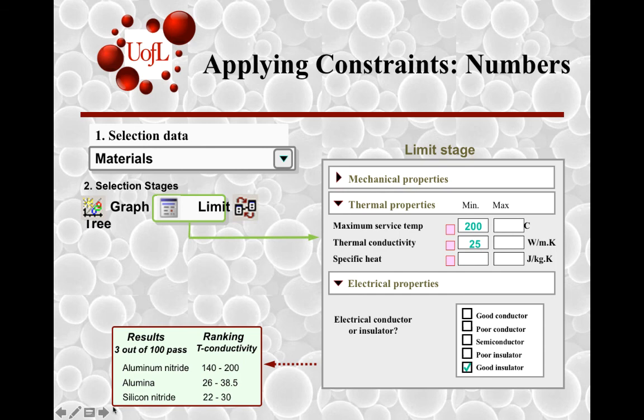So what you are left with are some highly conducting ceramics, aluminum nitride, alumina, silicon nitride as materials that work best for heat sinks for these kinds of demanding design constraints.